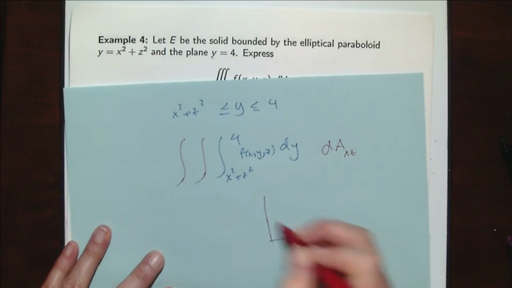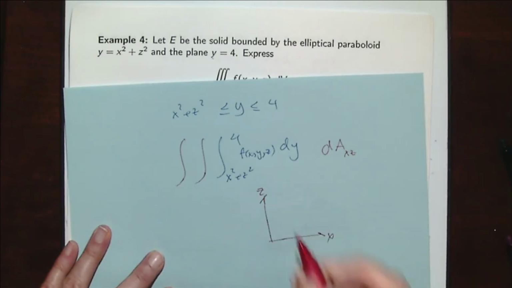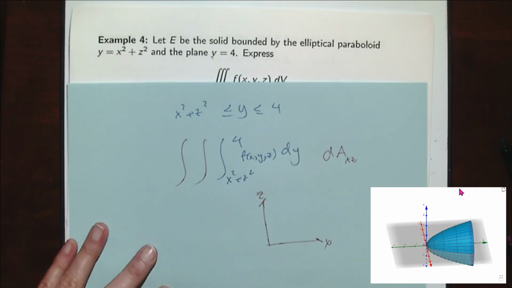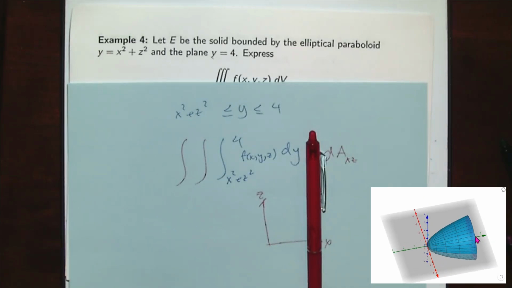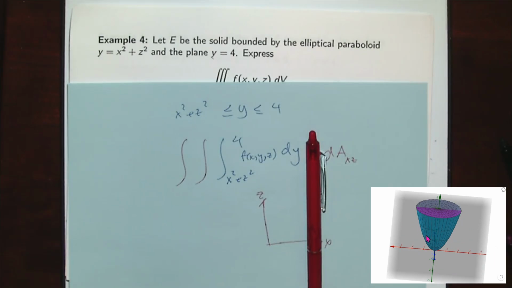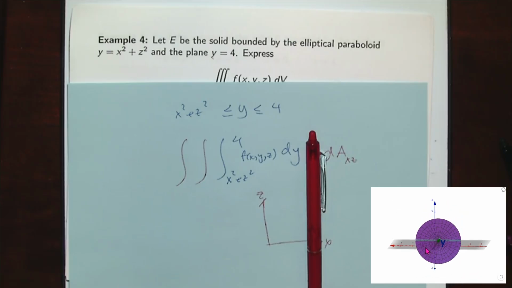So you have to figure out what the x and z projection of this thing looks like. From that picture, can you guess? It's a circle or disk. Because it's a region, we say disk. So it is a disk.